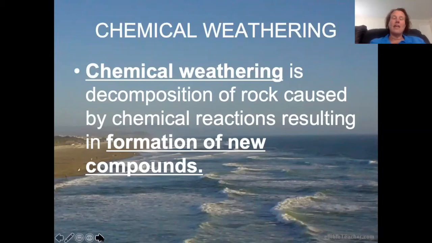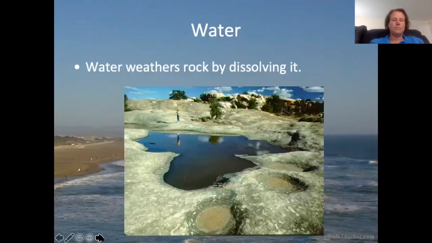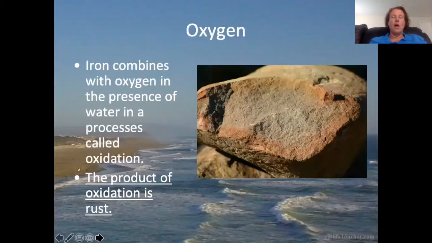Chemical weathering is decomposition of rock caused by chemical reactions, resulting in the formation of new compounds. For example, water weathers rock by dissolving it. Oxygen can weather rocks as well. Sometimes oxygen and water can cause a rock to rust, so parts of the iron in the rock are going to turn into rust.